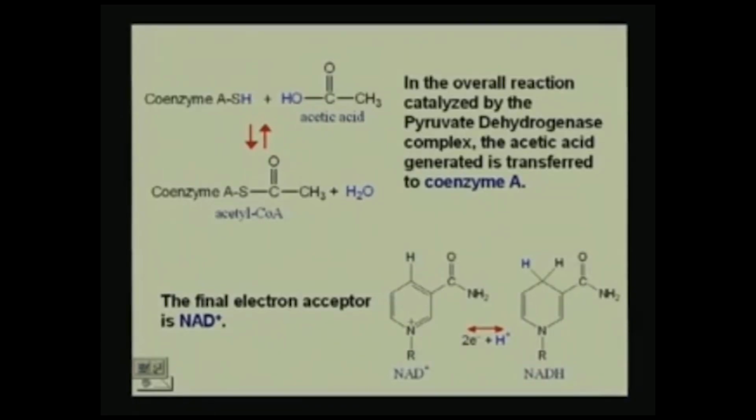So the final electron acceptor is NAD+, that is the substrate for enzyme E3 that will take up the H2 that has been given to FAD and get it back to FAD.